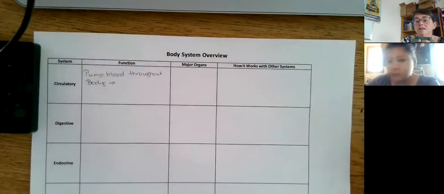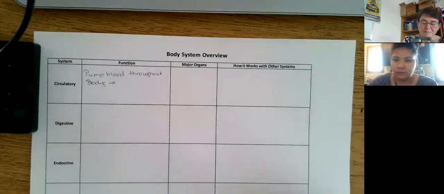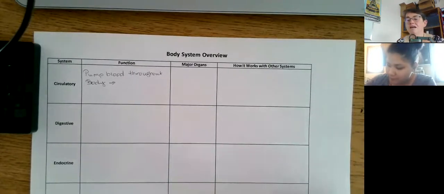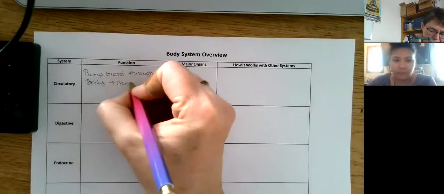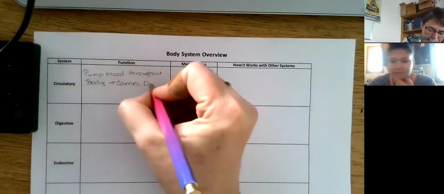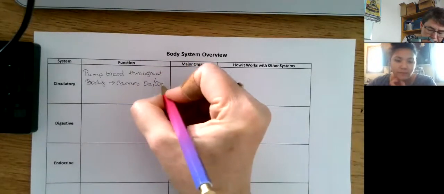So our blood carries a lot of stuff. Mary Lynn, what's one thing our blood carries around our body? Oxygen. Excellent. That's probably the most important one, because without the oxygen, I think we'll die in like 4 minutes or something like that. So it carries O2 and CO2.